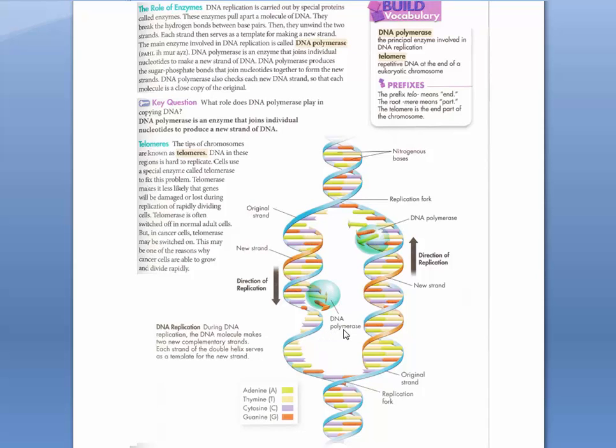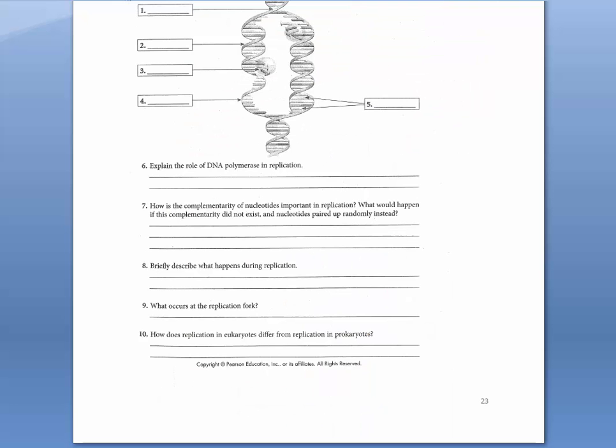The word polymer means a combination of things. What DNA polymerase does is combine things to make new DNA. I'm sorry, not make new DNA, to copy this original strand right here. It's adding bases back onto this new strand right here.